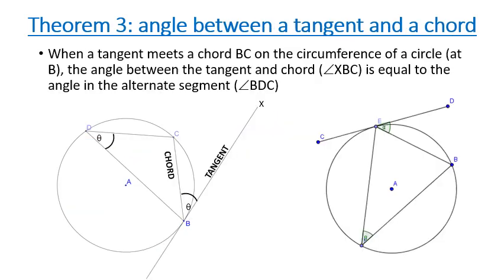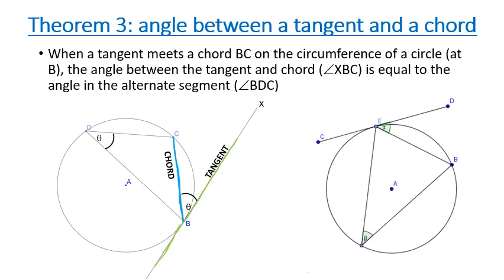Okay, so the third theorem that we're going to look at in this video tutorial is the angle created between a tangent and a chord. Now, remember that a chord is a line, I'm drawing in blue, that passes through a circle, not through the center, that's the diameter. The chord passes through part of a circle, and the tangent is a line that touches the circumference but doesn't pass through the circle.